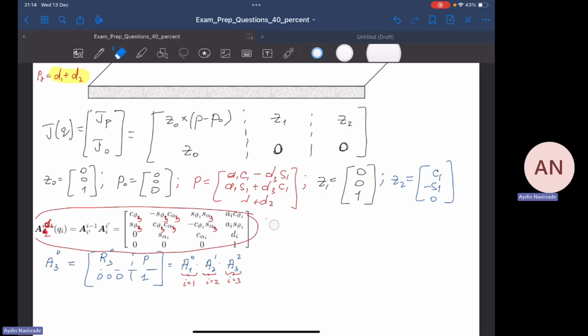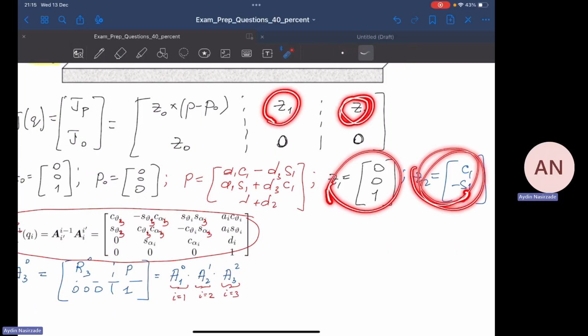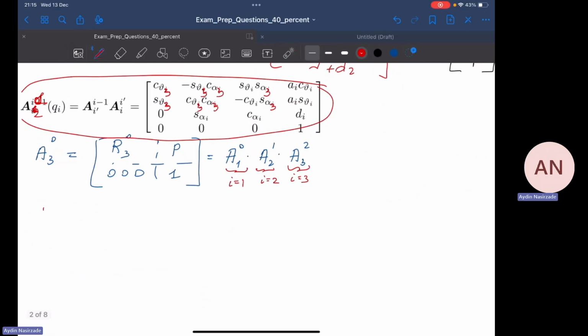But we're not done yet, because how can you find Z1? Where is Z1? Where is Z2? Well, Z1 can be found from A1 to 0.